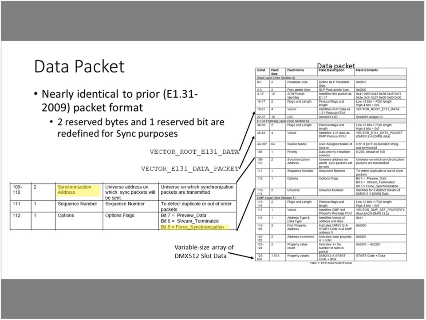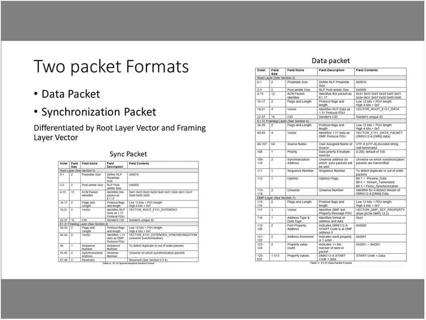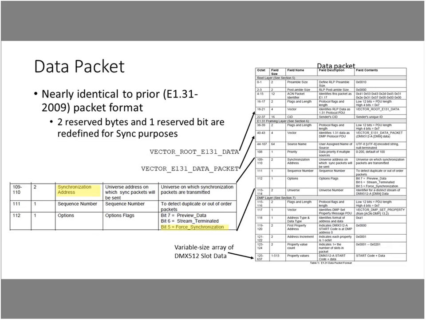And one of the key things is keeping the sync packet small, because you want everybody to receive that and process it as close to the same time as possible. You want to keep the packet small, so there's as little overhead as possible for a receiver to process it. So we're going to dig in a little deeper to the actual packet format here.